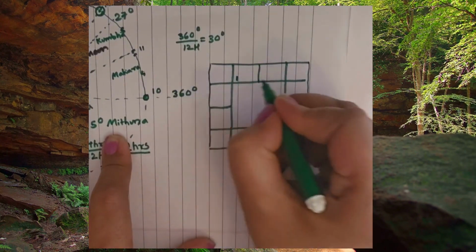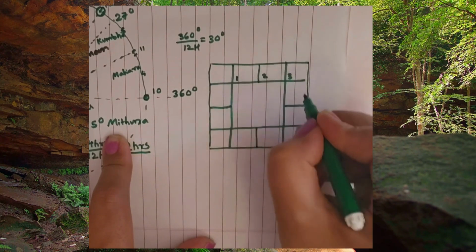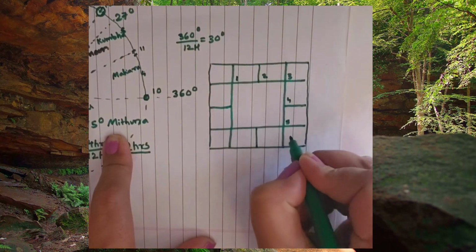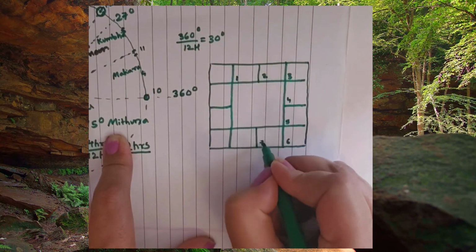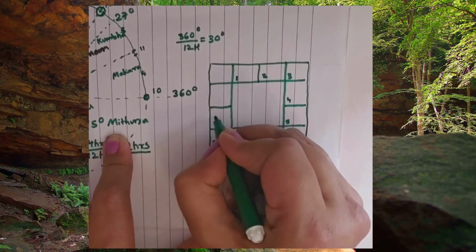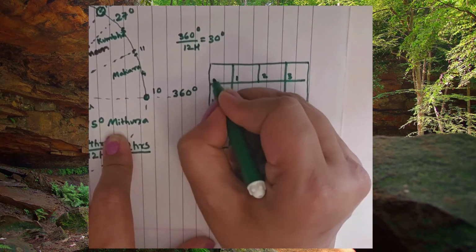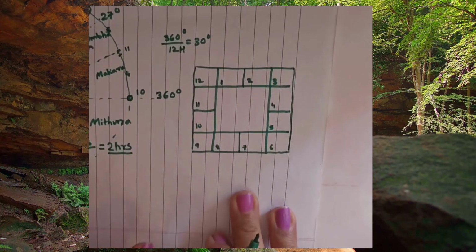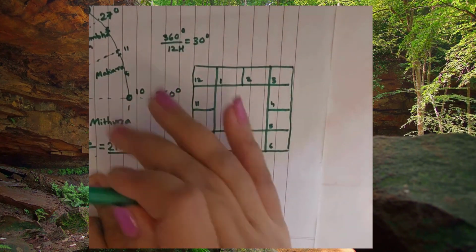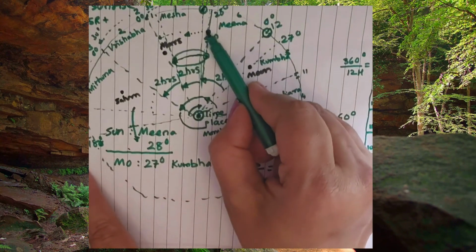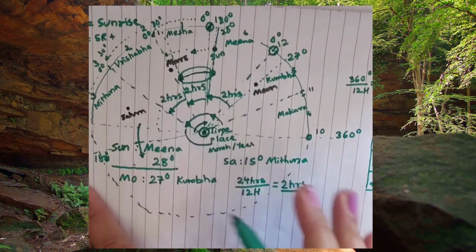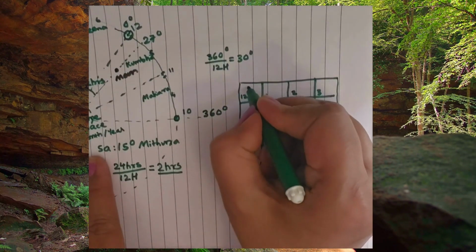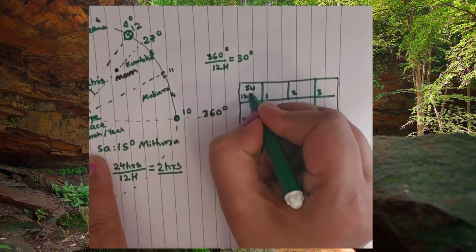Right? So if we number, it is always going to be 1, 2, 3, 4, 5, 6, 7, 8, 9, 10, 11 and 12. Correct? Now what we are saying is, in this case, Sun is 28 degree Meena Rashi. So Sun will be here, 28 degree.